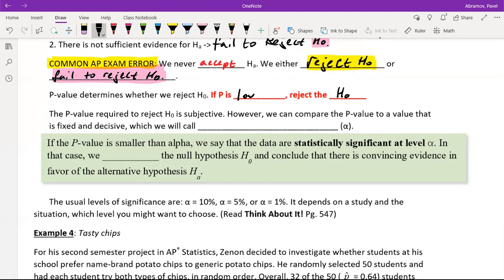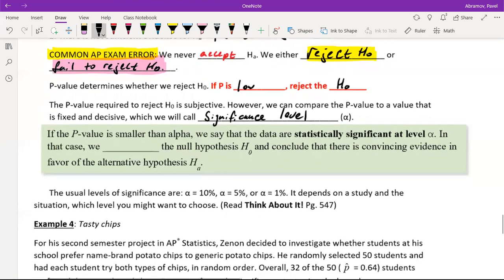The p-value required to reject the null hypothesis is subjective. However, we can compare the p-value to a value that is fixed and decisive, which we call the significance level. So the significance level is basically the cutoff point at which we consider that the p-value is too low.